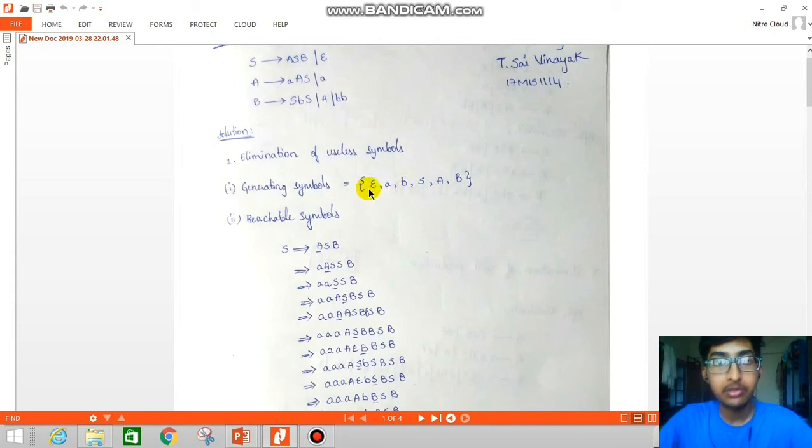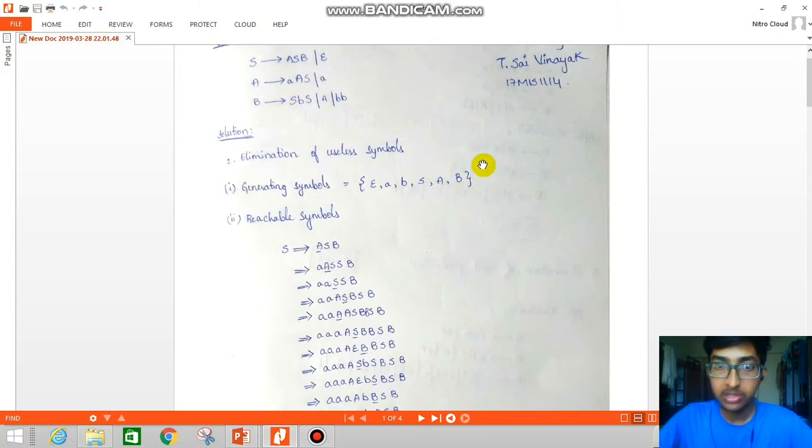Here, epsilon is defined by S, so S is a generating symbol, and A is defined by small a, so A is also a generating symbol. This capital A, which is a generating symbol, is generated by B, so B is also a generating symbol.